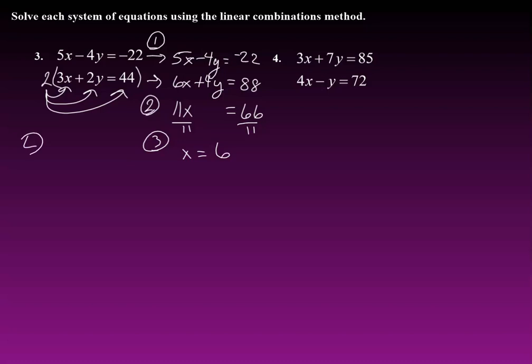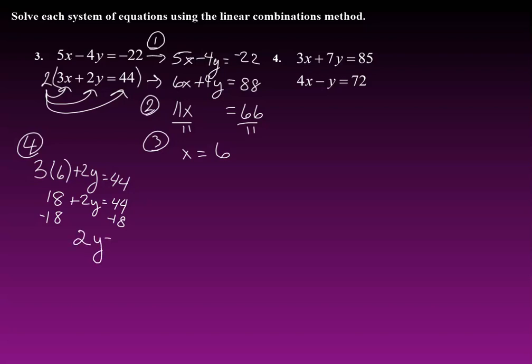Then we're going to go to step 4, where we plug that 6 into one of the two equations from above. Like I said, I like to go with smaller numbers. So we have 3 times 6 plus 2y equals 44. 3 times 6 is 18, and then I'm going to subtract 18 from both sides.